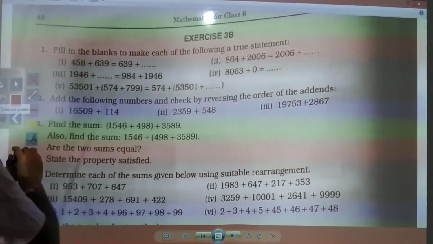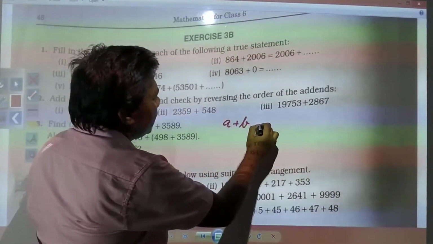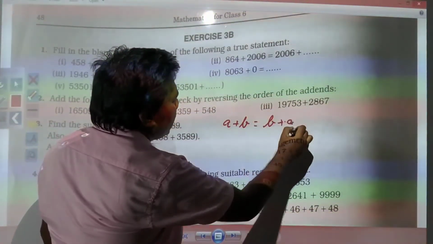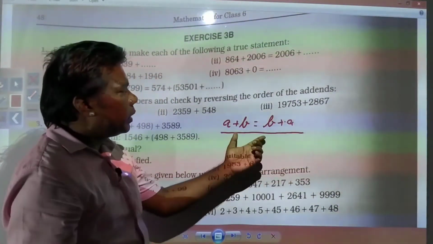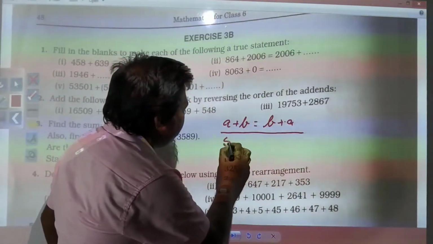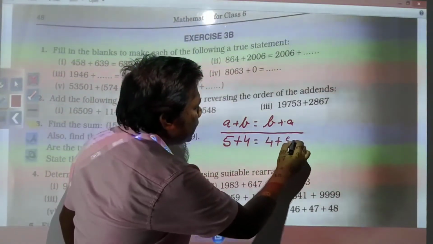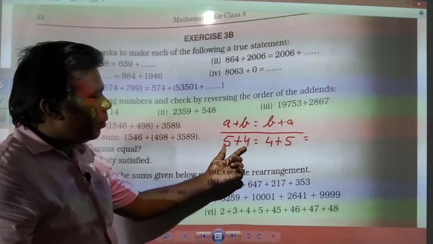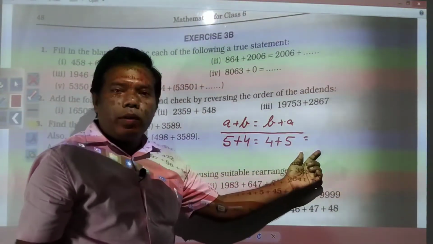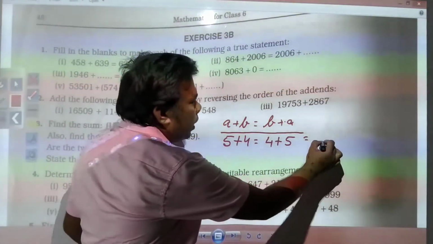As you remember, last day we had seen a plus b is equal to b plus a, properties of addition. If you have any numbers, suppose 5 plus 4, it can be written as 4 plus 5, since if you are adding 5 and 4, the same number you will get if you are adding 4 and 5. Sum will be 9.